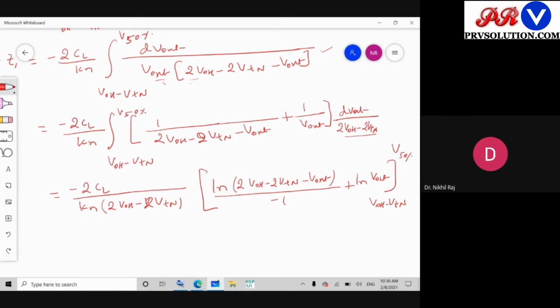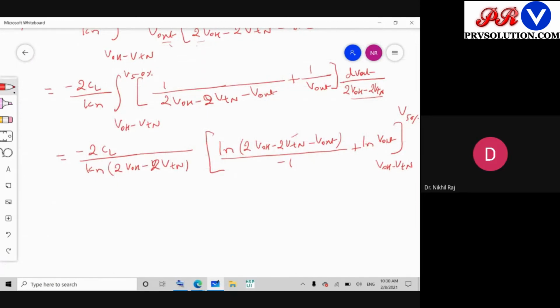Okay. So now this is ln V out, and here the minus sign is there. So this complete term can go in the denominator part. So we can rearrange this term as minus, and this 2 will cancel out with this 2. So we'll get here minus Cl by Kn, VOH minus VTN.